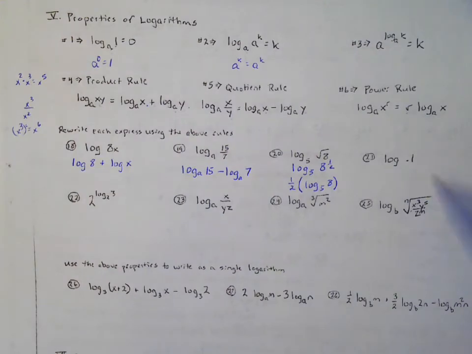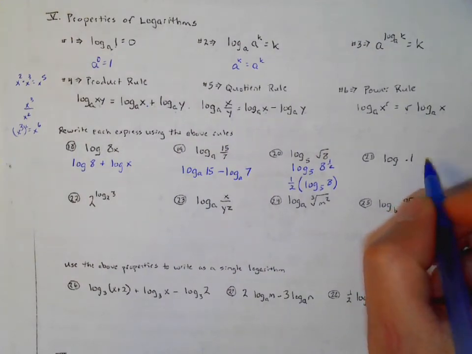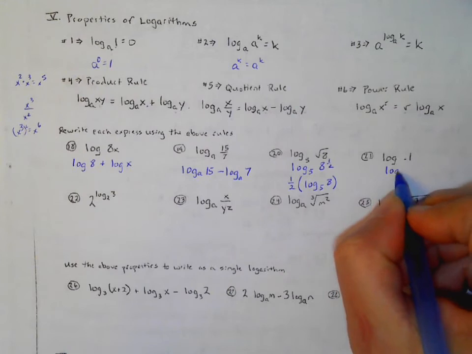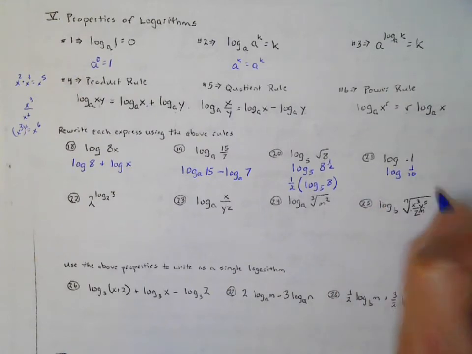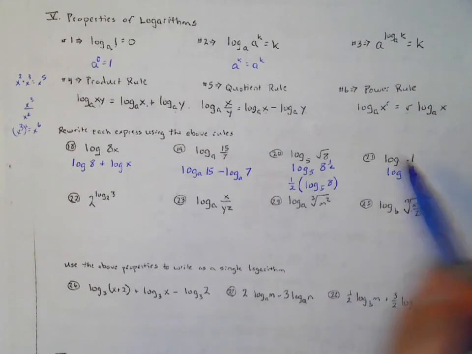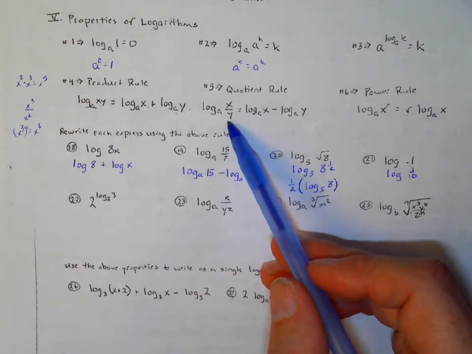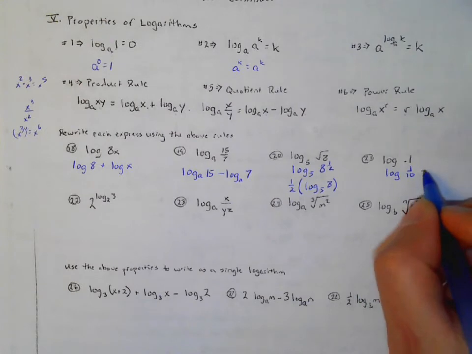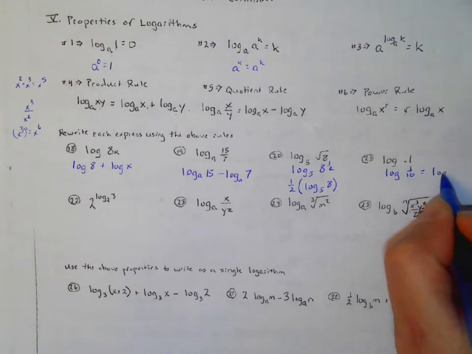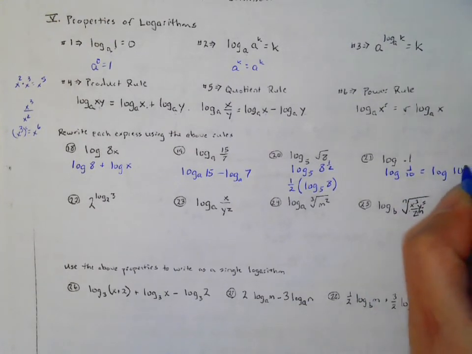Okay, this one here, 0.1 is the same as 1/10. So if I think about this as a division, actually, let's put it as a negative exponent. So this would be the same as 10 to the negative 1.